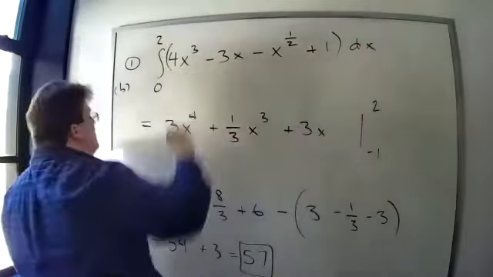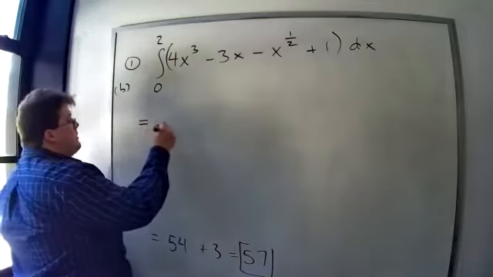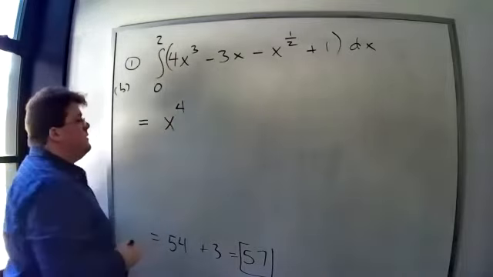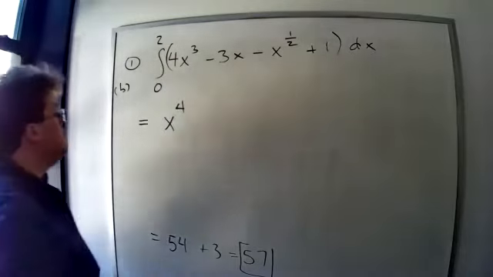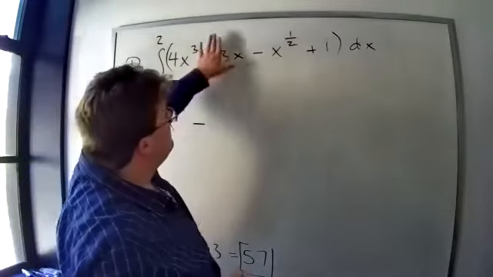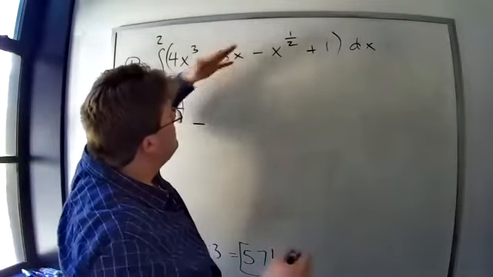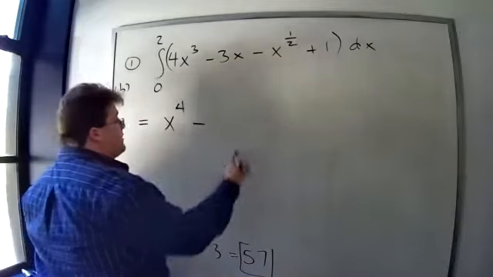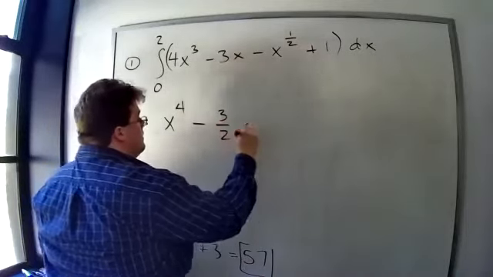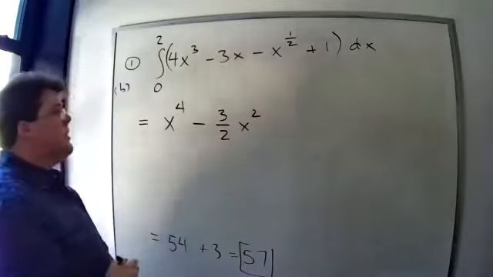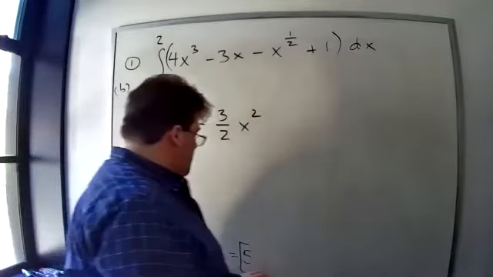So here we have x cubed. 3 plus 1 is 4, so we get a quarter x to the fourth. 4 times a quarter is just 1. Here, exponent is 1. 1 plus 1 is 2. Half x squared times negative 3, negative 3 halves x squared. For the next one, the exponent is a half.